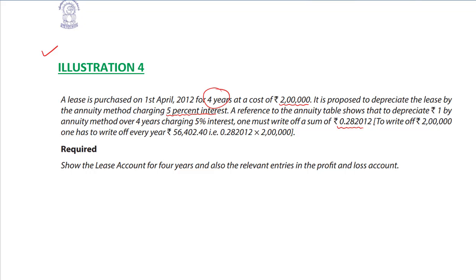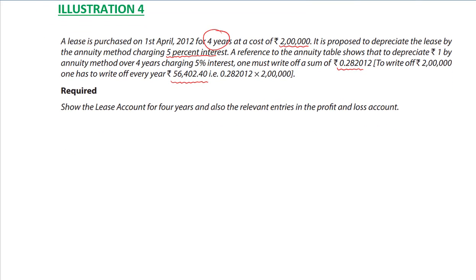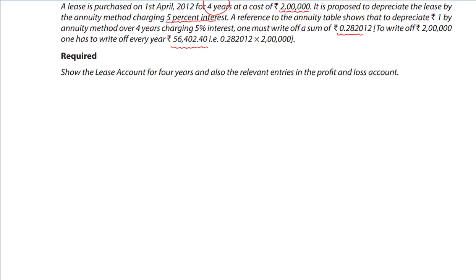To write off 2 lakhs, one has to write off every year 56,402.40, that is 2 lakhs multiplied by 0.282012. What is required in the question? Show the lease account for 4 years and the relevant entries in the profit and loss account.